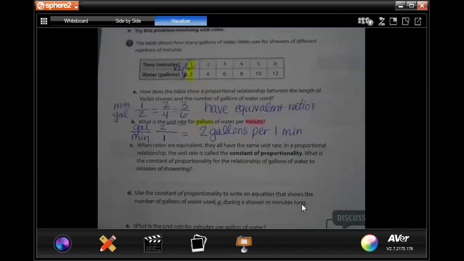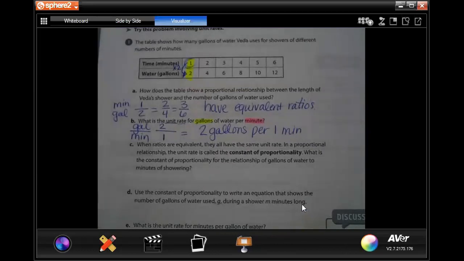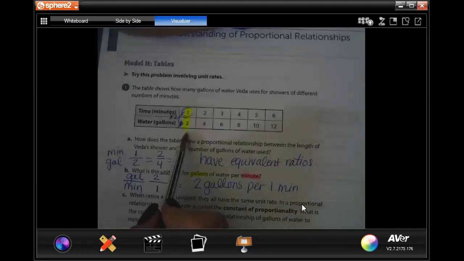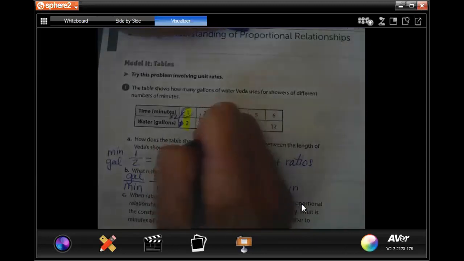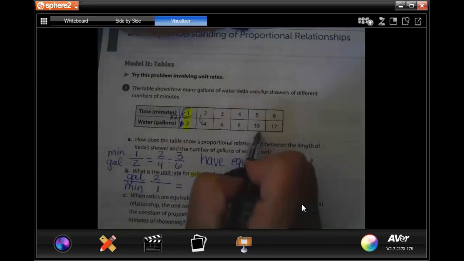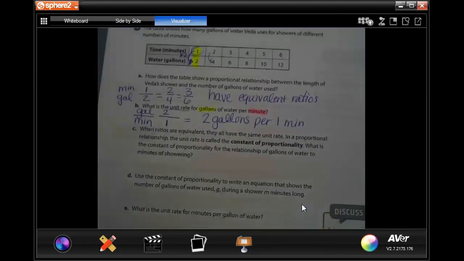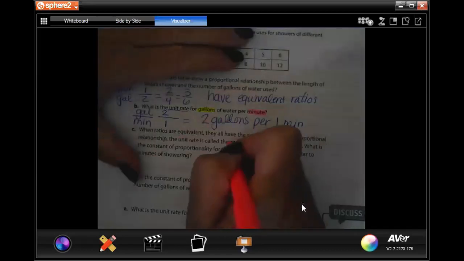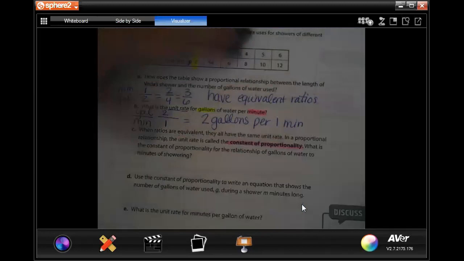Now, we're doing one more step ahead. When ratios are equivalent, they all have the same unit rate. So look, up here, our unit rate was times 2, times 2, times 2, times 2, times 2. That is actually called the constant of proportionality.